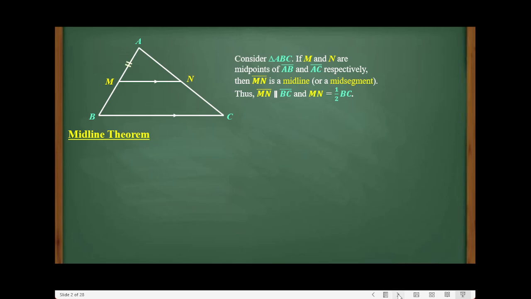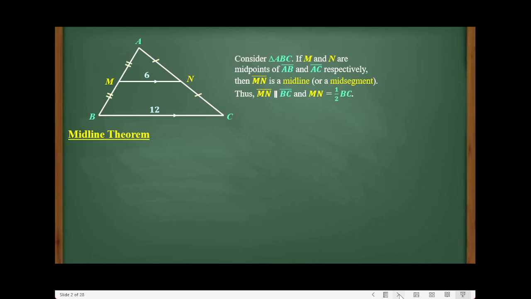For example, we just put some details on the two sides which are separated by this point M. Likewise, AN and NC have identical slash marks, indicating that the two segments of segment AC are congruent or equal in length. Now, suppose the length of the midline is 6. It follows that the length of the third side, which is parallel to the midline, is what? 12. Okay? That is what it means.